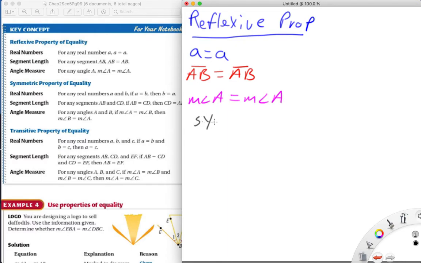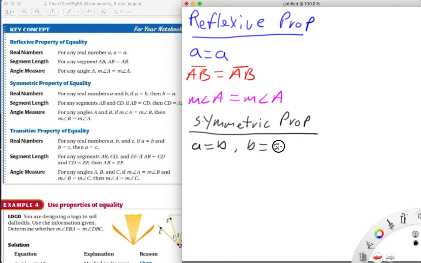Again, we're going to use these a lot. These are all properties of equality. If we have two numbers that are equal to each other, then I can reverse the order. I can say if A equals B, then B equals A.